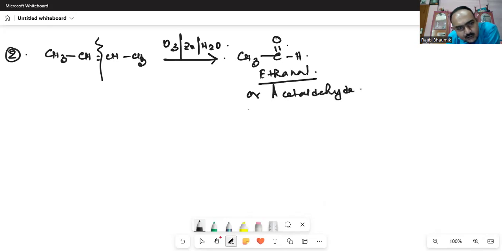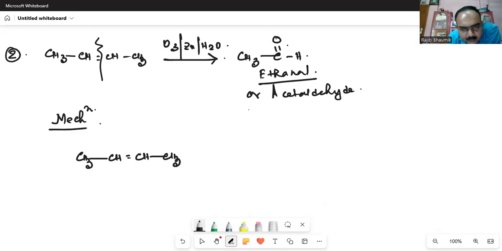So for the first step, we should write down the mechanism here. Whenever you add O3, the structure will be like this.